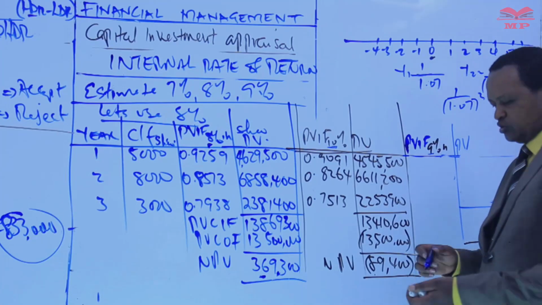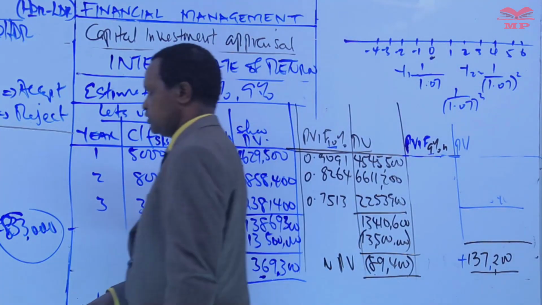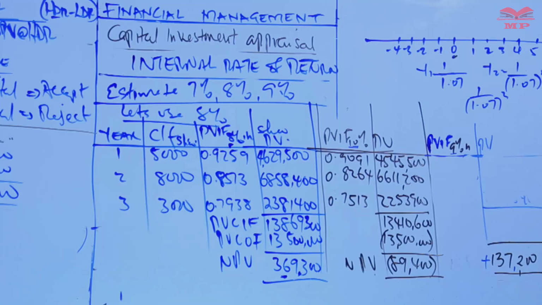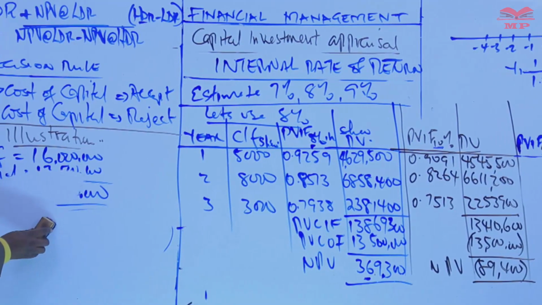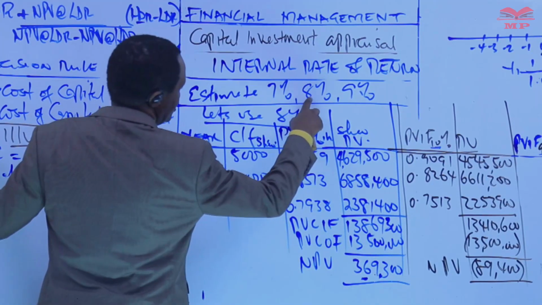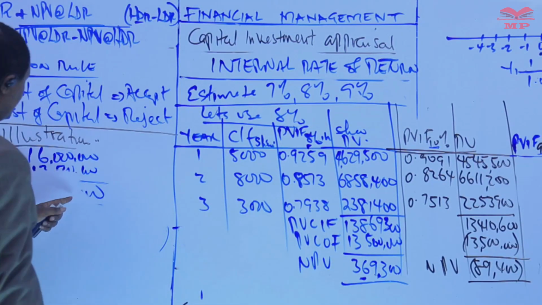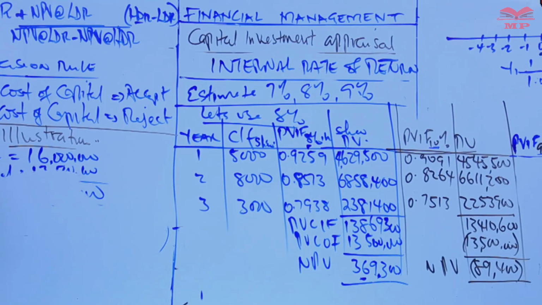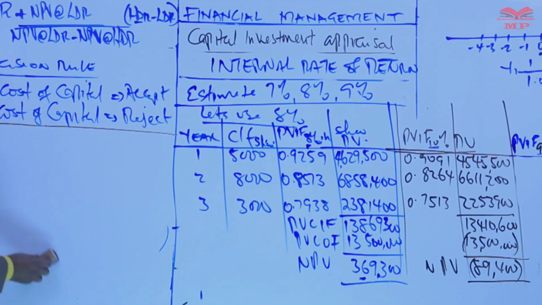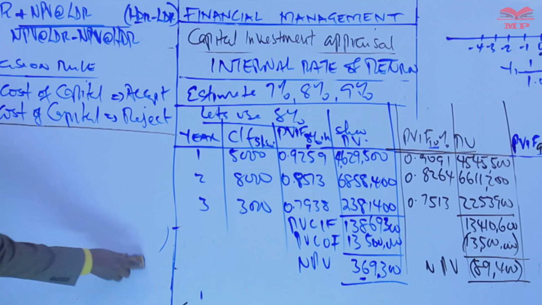You use the trial and error method to get the values. The estimate would either be 7, 8, or 9, using my trick here. When you are doing trials, you don't have to do 10 trials.